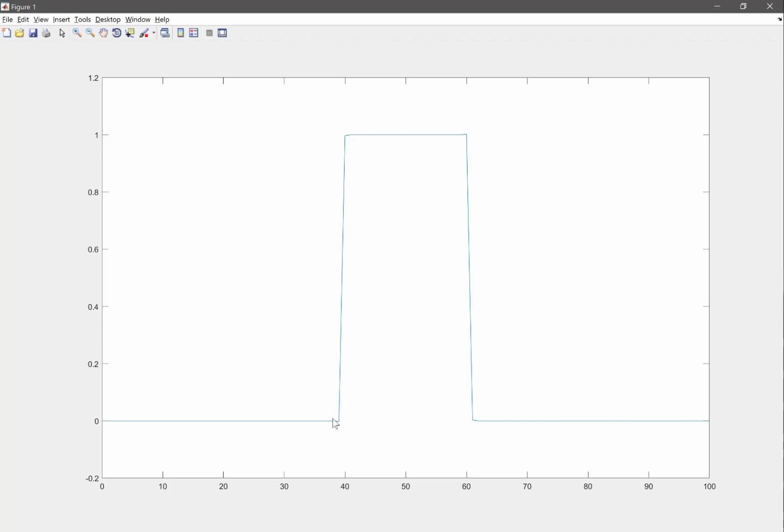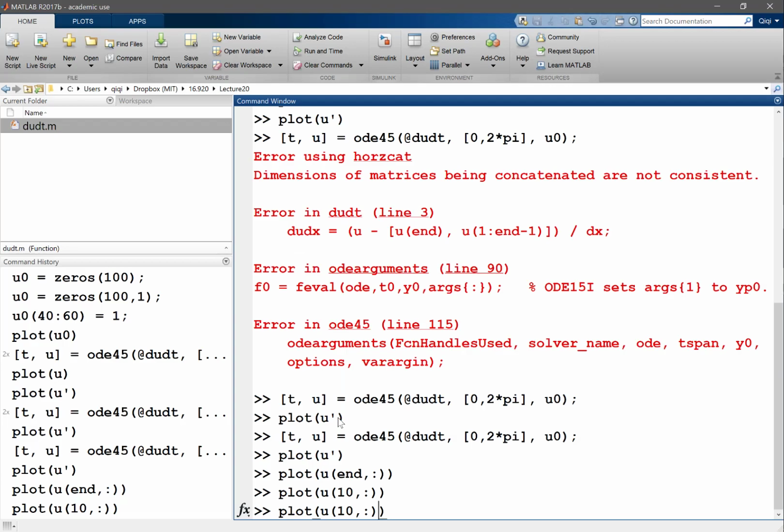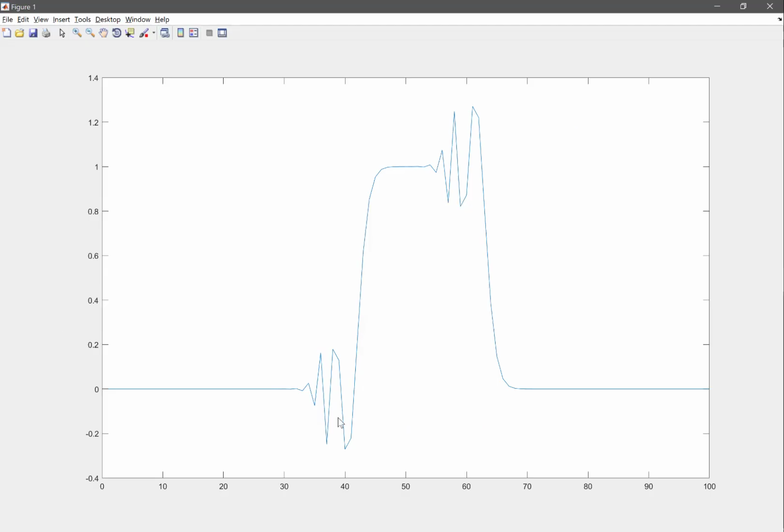But if you look carefully, if your eyes are good, you can see the square wave already starting to deform. And if you look at, for example, 50 time steps, you can see that there are more deformations. It basically looks like there are some high frequency oscillations appearing near the sharp discontinuities. So why is that the case?